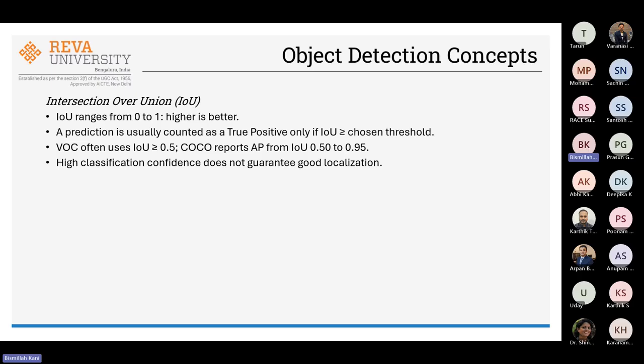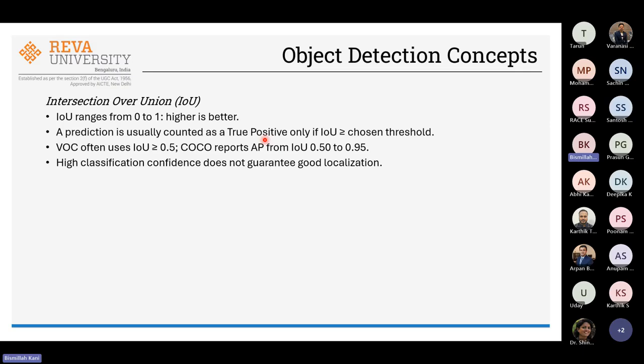The IOU is used to determine whether the prediction is good. In order to evaluate any machine learning model or deep learning model, we calculate accuracy. And to calculate the accuracy of a machine learning model, what do we need?